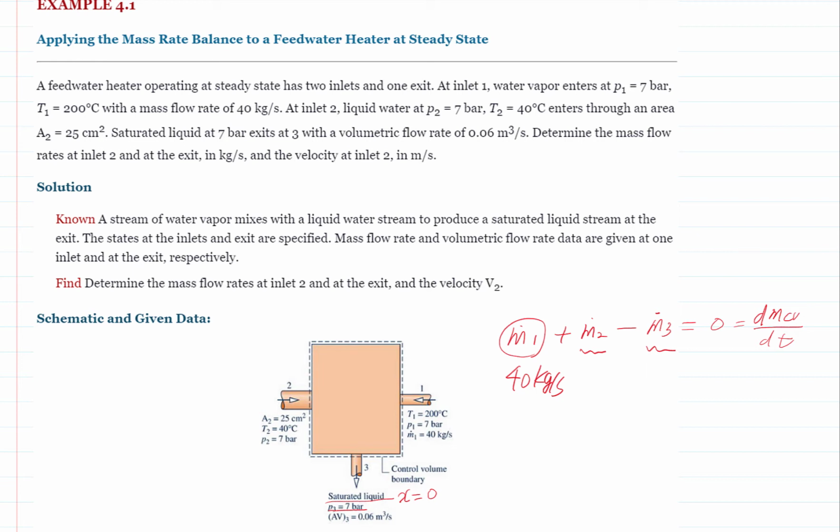We can fix the state, and the mass flow rate is area times velocity divided by the specific volume. The volumetric flow rate is given, 0.06 cubic meters per second, and we can determine the specific volume at 3.